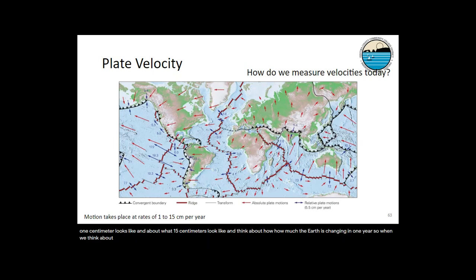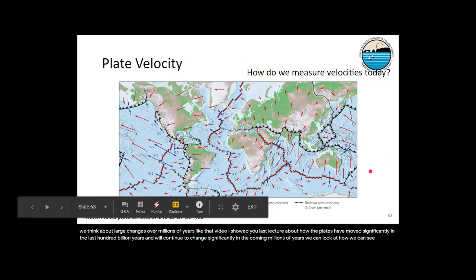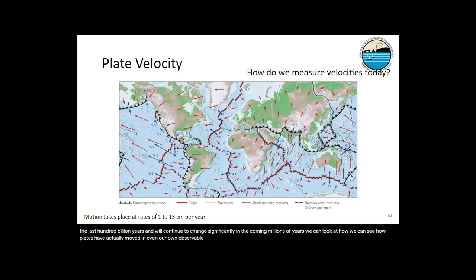When we think about large changes over millions of years, like that video I showed you last lecture about how the plates have moved significantly in the last 100 million years and will continue to change significantly in the coming millions of years, we can look at how plates have actually moved in even our own observable time.